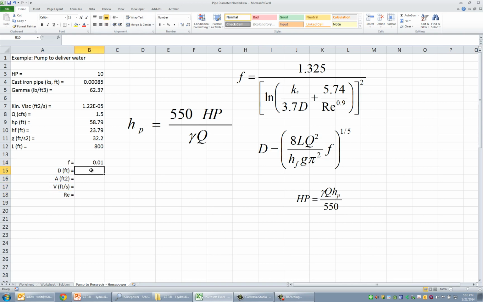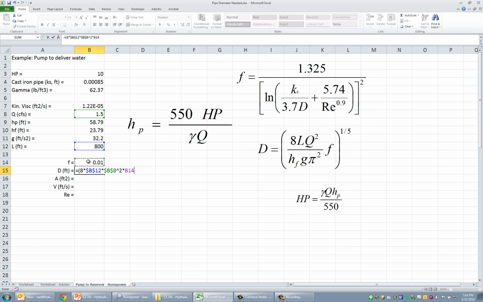Okay. So if we guess an initial starting f value of 0.01, then the diameter of the pipe, I'm going to use this formula now, is 8 times the pipe length, and I'm going to anchor that since it's a constant, times the Q value, also anchored, squared times f.